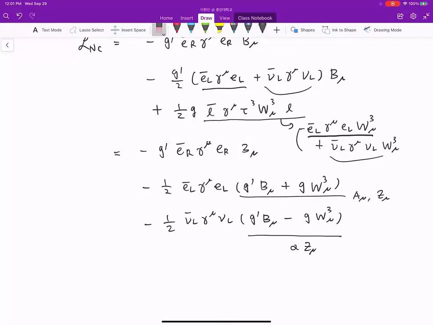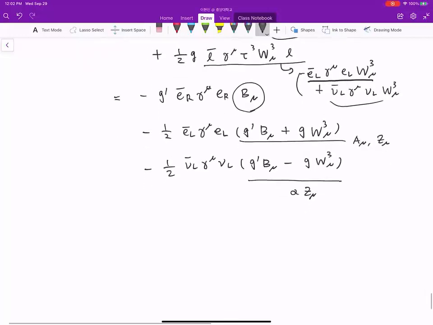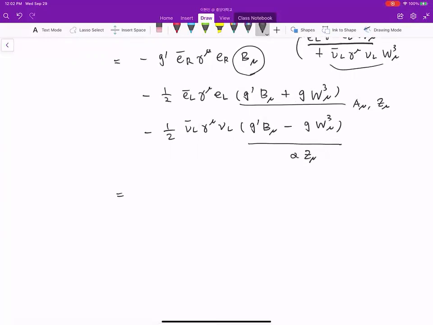And also this hypercharge is a linear combination. So we need to expand them and then carefully follow the details. I mean, we need to take into account the Weinberg angle. Then in the end, you can write it down explicitly.